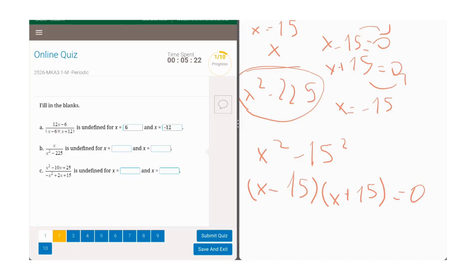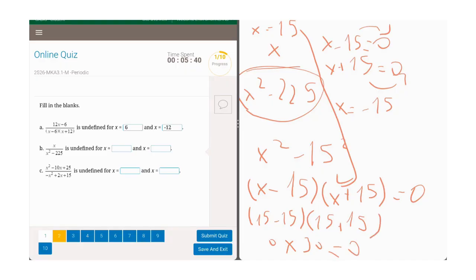If we substitute, let's say 15, into the bottom equation, we get 15 minus 15, or 0, multiplied by 15 plus 15, or 30. We get 0.